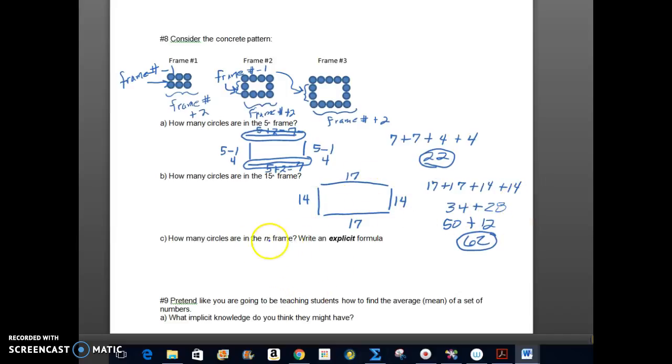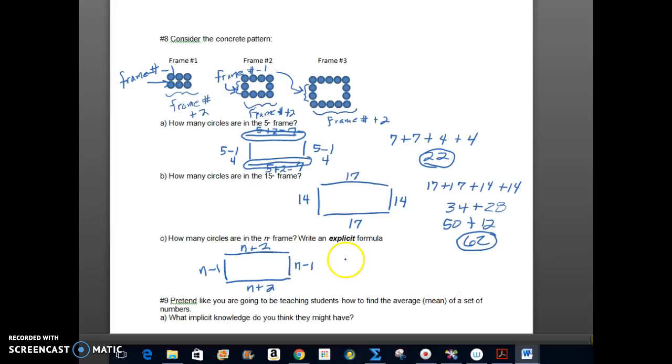All right, so nth frame. Top, well, n plus 2. Bottom, n plus 2. Side, n minus 1. Side, n minus 1. All right, I could write this different ways, okay?